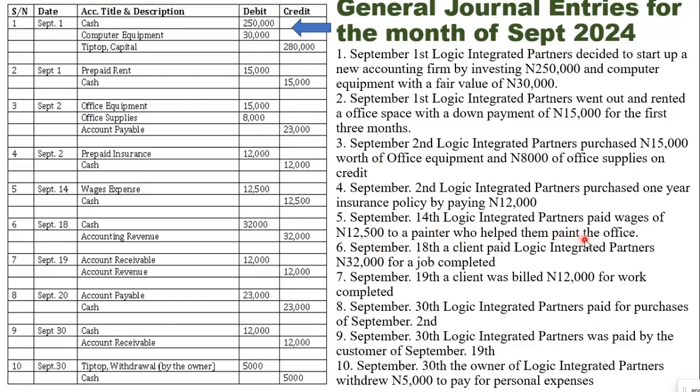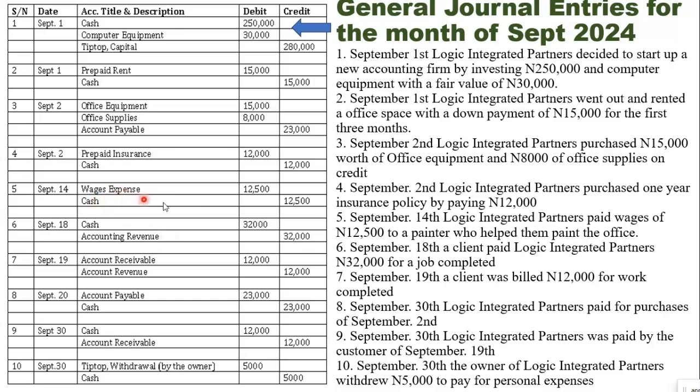Logic Integrated Partners paid wages of 12,500 naira to a painter who helped them paint the office. So here we also do payment, number 5. So wages expenses, we're going to use wages expenses and cash.